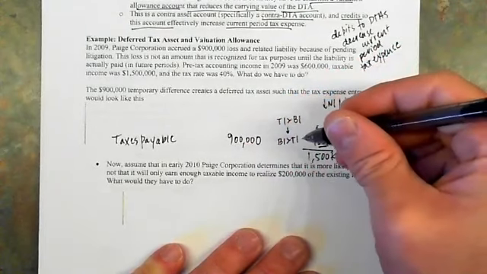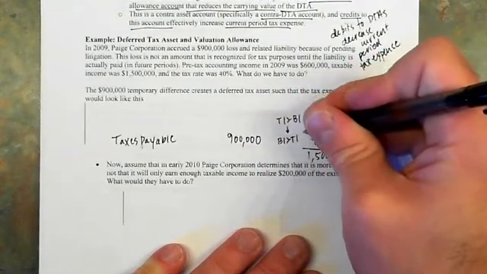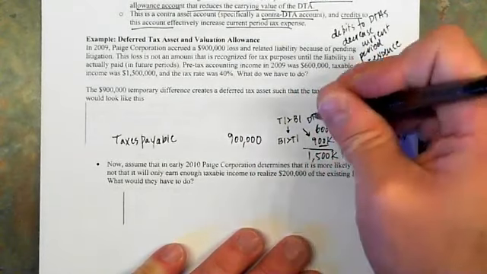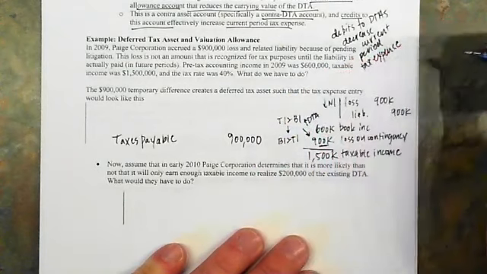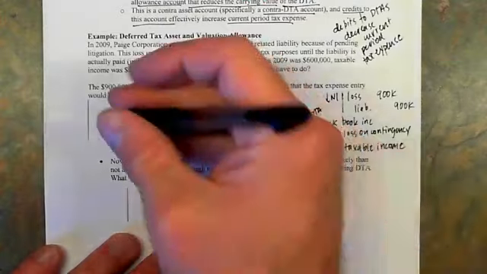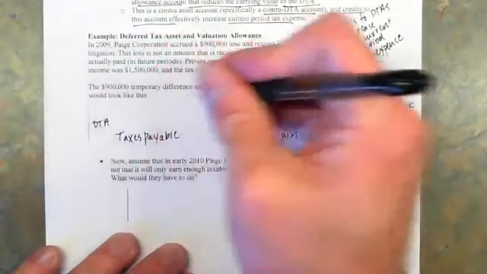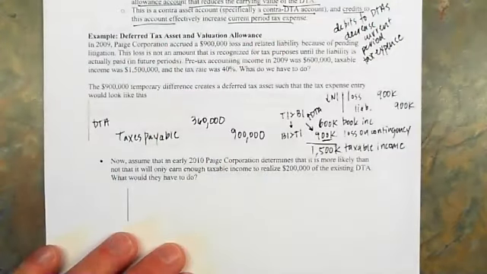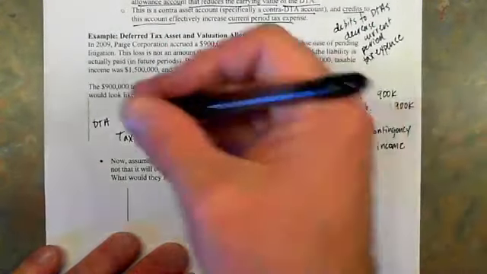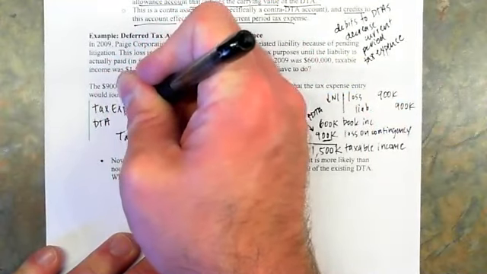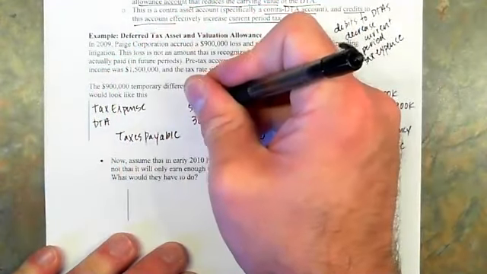That's lower taxes in the future. That gives rise to my DTA. That increases my DTA. So the 900,000 times the 40% is my DTA. And that will reduce my tax expense to 540,000.